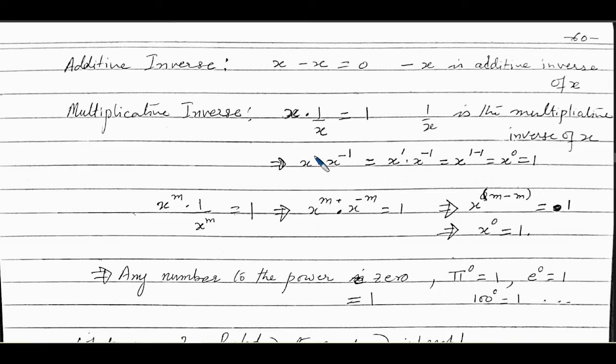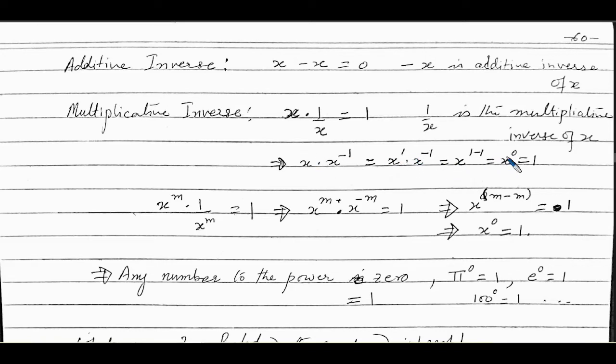Okay, when I don't write anything, it means power 1. And x to the power 0 is always 1. Number to the power 0 is 1. So here x means x to the power 1. So I can write, using the earlier formula which we wrote, that x to the power m into x to the power n is x to the power m plus n, where m is here plus 1, n is minus 1.